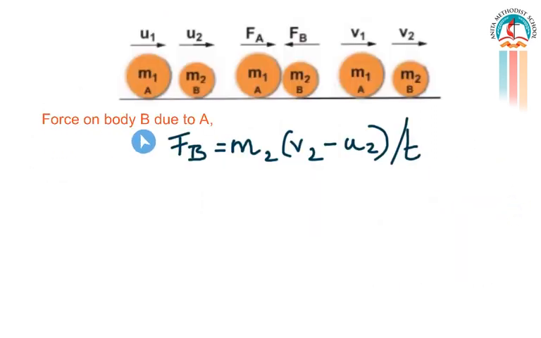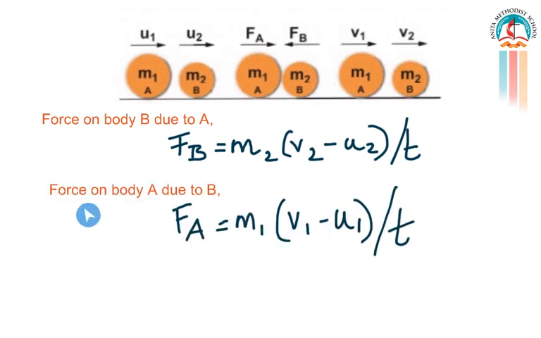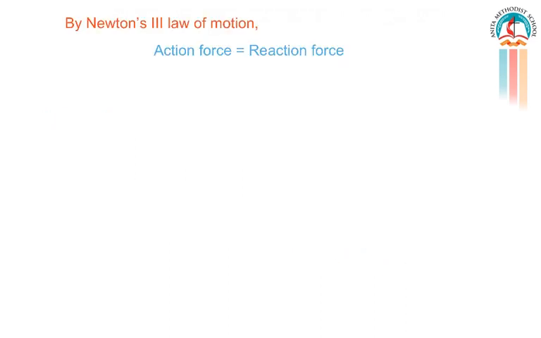Now the force on body B due to A, FB, is equal to m2 (v2 minus u2) by t, and the force on body A due to B, FA, is equal to m1 (v1 minus u1) by t. By Newton's third law of motion, the action force will be equal to the reaction force. That is, FA is equal to minus FB.